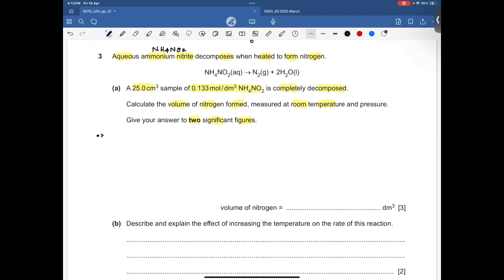So in the first step, 1000 cm cube of ammonium nitrite gives 0.133 moles.